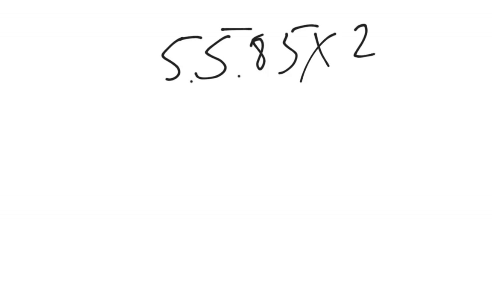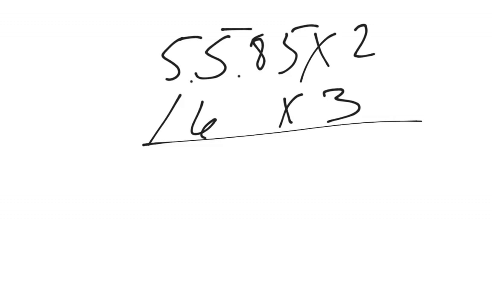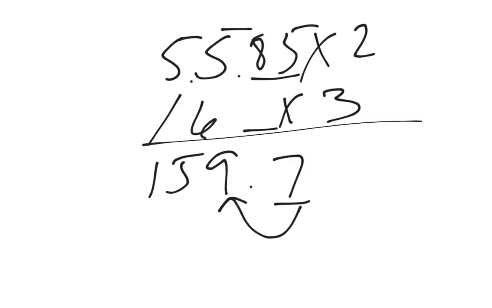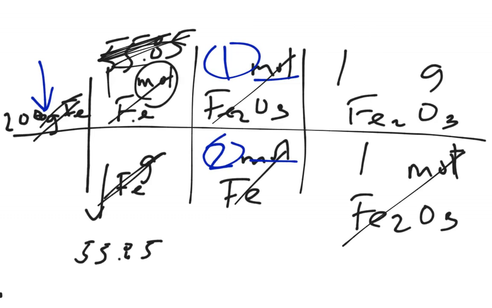And we can hurry and figure out 55.85 times 2, because I've got 2 irons, and 16 times 3, because I've got 3 oxygens, gives me 159.7. We round for sig figs, so this is 160 grams.